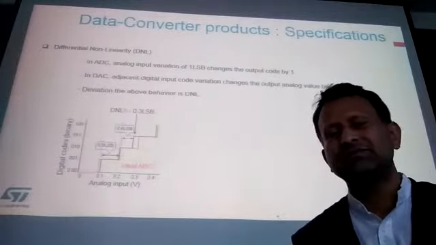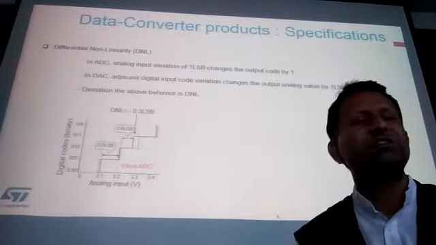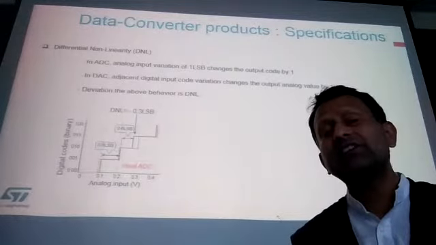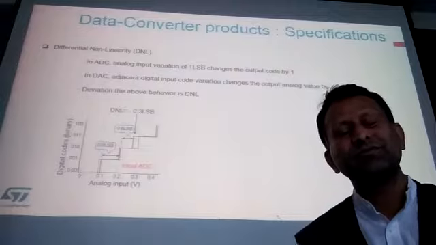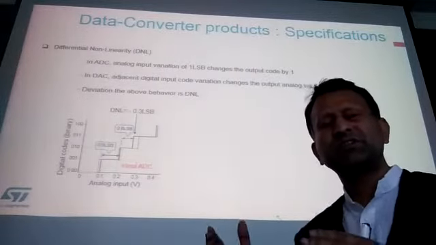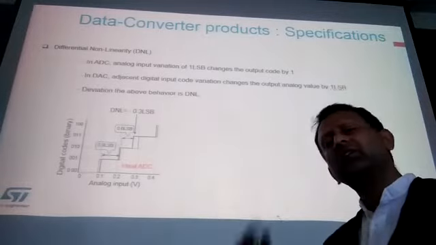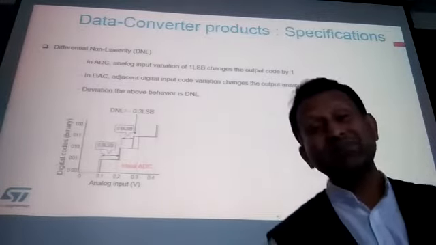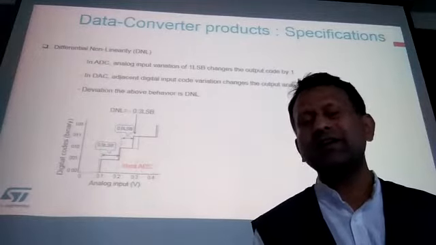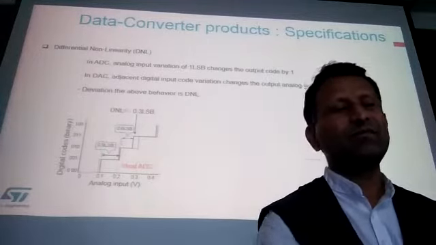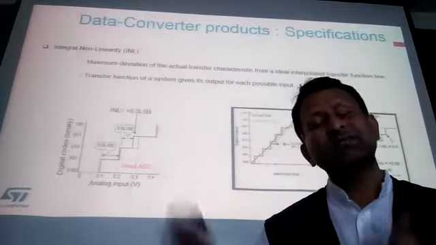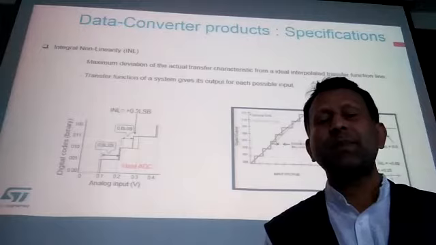So if one unit change in the input does not result in one unit of the output, then there is some error. This error is represented in the differential nonlinearity. Ideally, it should be 0. So suppose if half a unit in the input changes the output by 1 unit, it means there is a half unit error. So we can call it 0.5 LSB DNL.